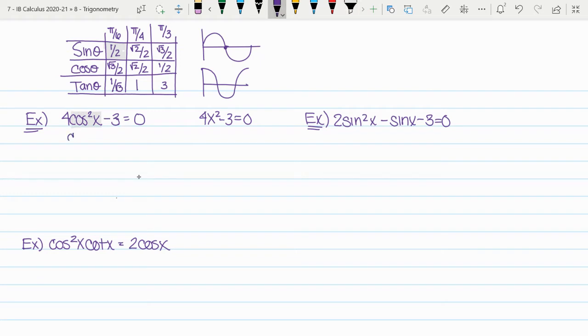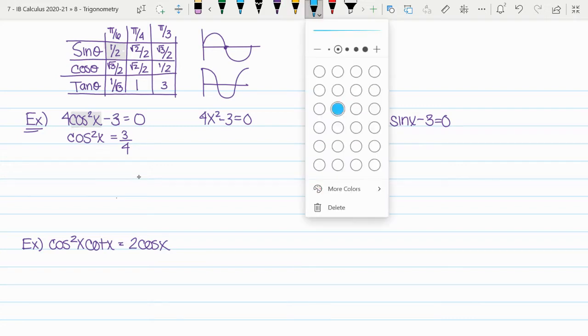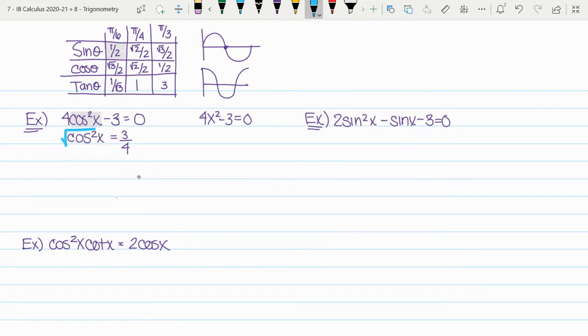So I'll move the 3 over and then divide by 4. Cosine squared x means cosine of x, squared. So the inverse of something squared is to square root it. When I square root both sides, don't forget that you have to put a plus or minus on the right-hand side.